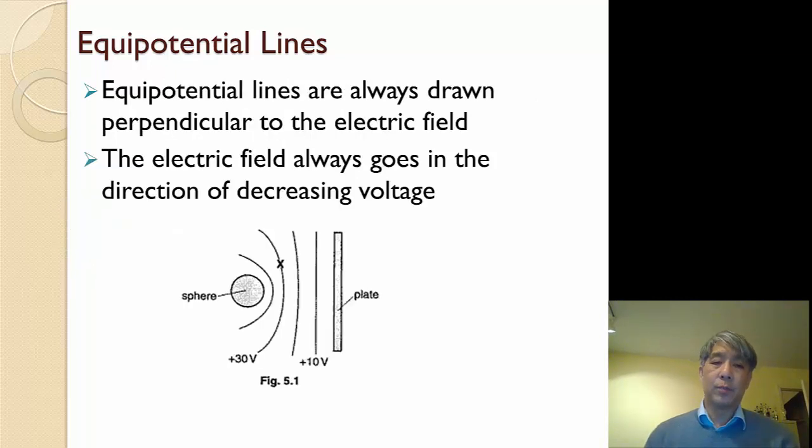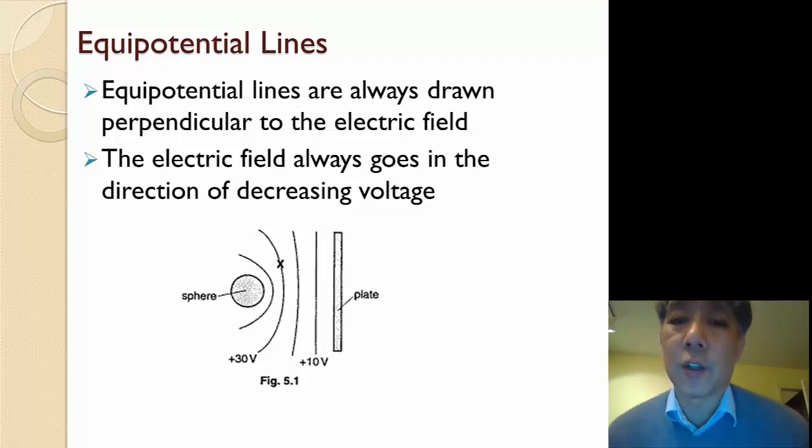We will also need to be able to draw the electric field given equipotential lines, or draw equipotential lines if I have a field. So there are two rules that we must follow. The first rule, if I have equipotential lines, is that the electric field must always be drawn perpendicular to the equipotential lines.